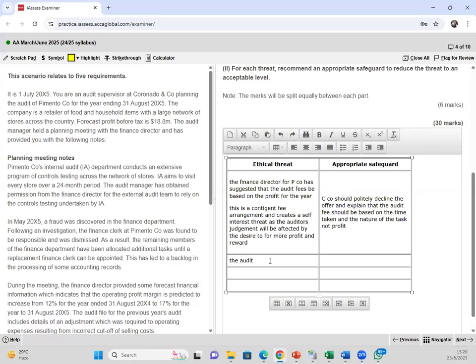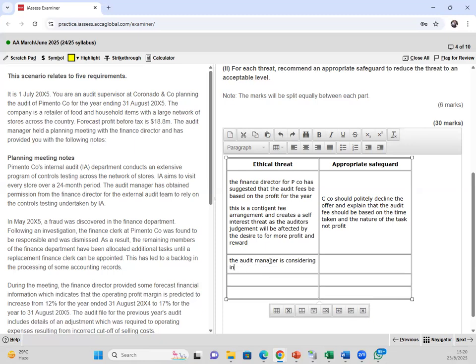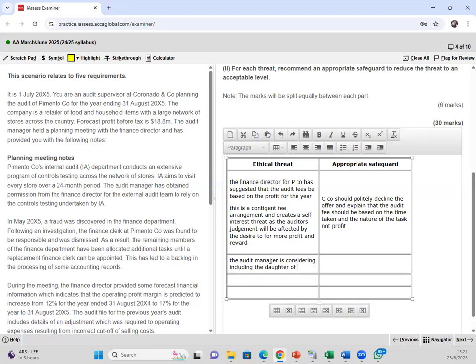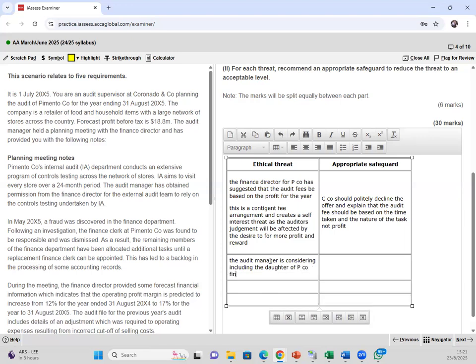The audit manager is considering including the daughter of P Company's finance director in the audit team. Let's indicate which finance director.